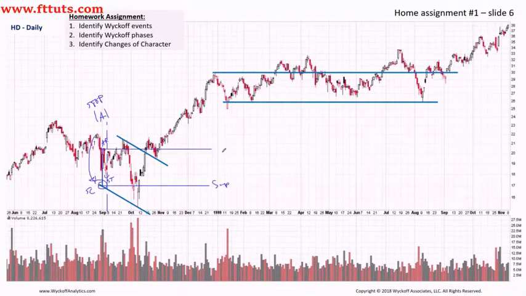So we always will start with the horizontal range. And that's my suggestion to all of you. Sometimes, I hear questions as, when do we start putting the downsloping or upsloping resistance and support? Well, initially, always put the horizontal boundaries first for the range.